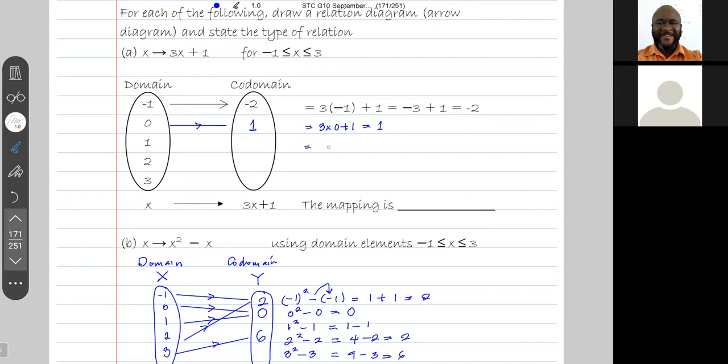Here, this is 3 times 1 plus 1. This is 4. So the number here is 4. Then 3 times 2 plus 1. The number here is 7. And then 3 times 3 plus 1. The number here is 10.